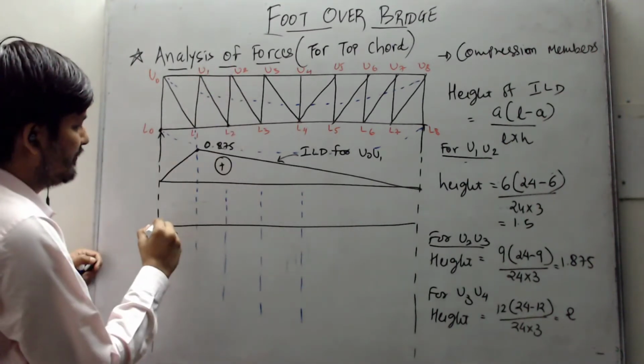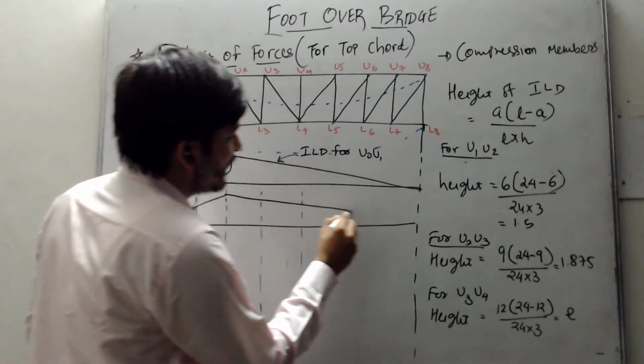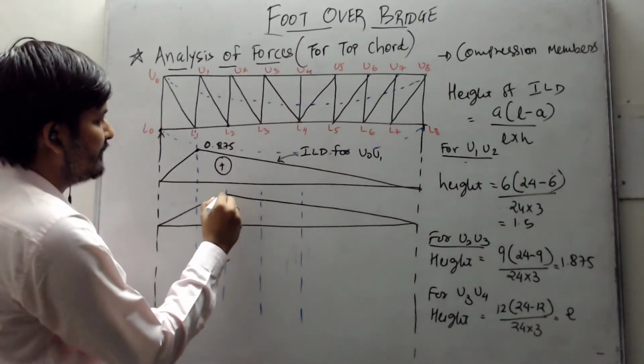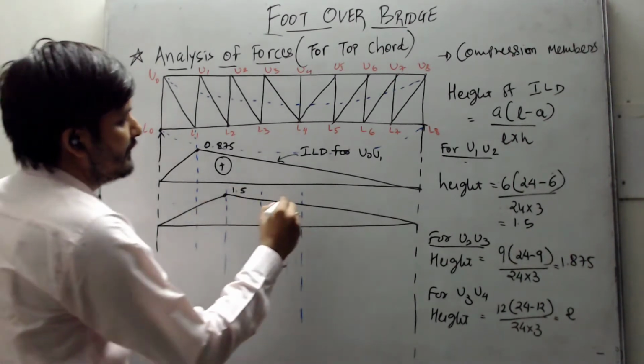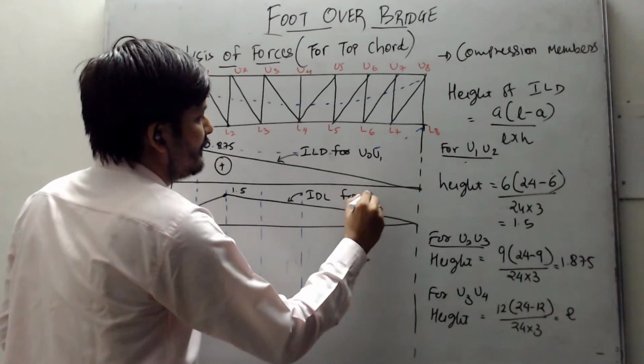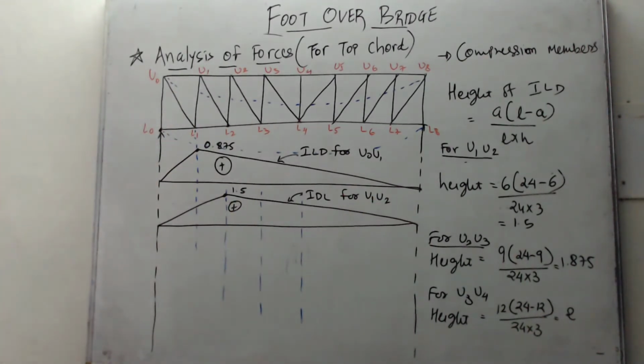I need to draw a triangle like this, and the value for u1, u2 I am getting as 1.5. So this will be 1.5, and this is the ILD for u1, u2. This is again positive because it is in comparison, right?